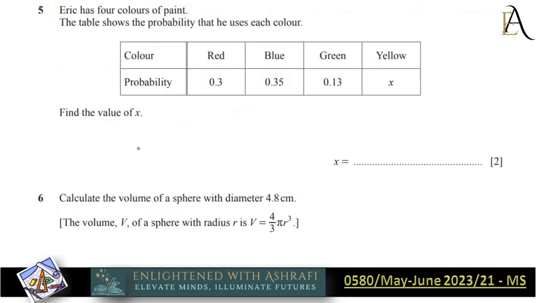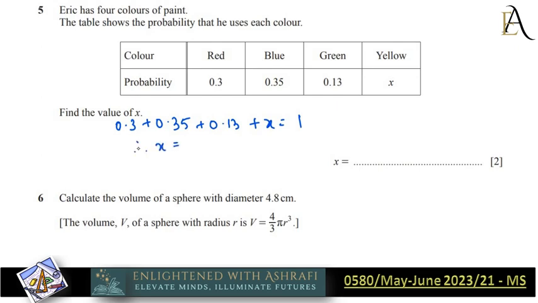Eric has 4 colors of paint. The table shows the probability that he uses each color. Red, blue, green, yellow. Red is 0.3, blue is 0.35, green is 0.13 and yellow is X. We know that the probabilities should add up to 1. So 0.3 plus 0.35 plus 0.13 plus X is equal to 1.